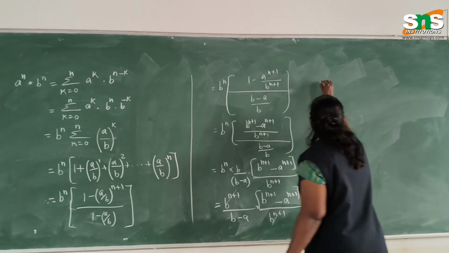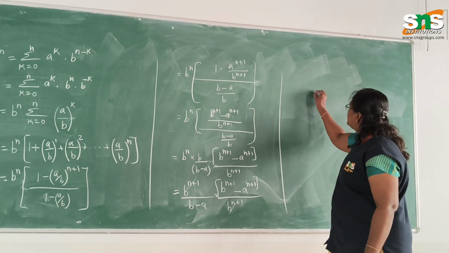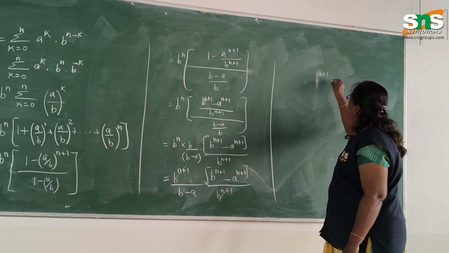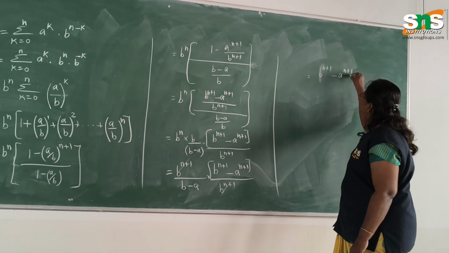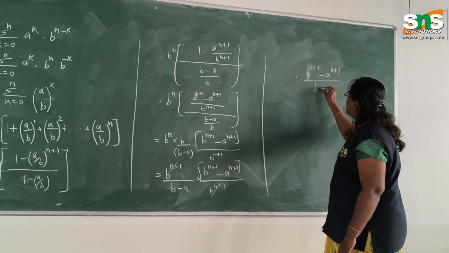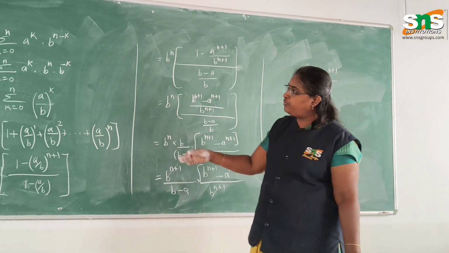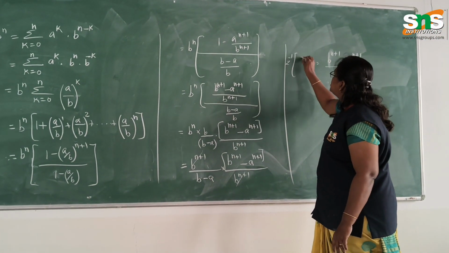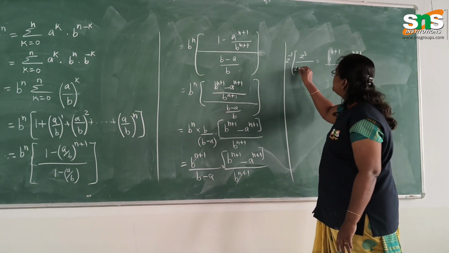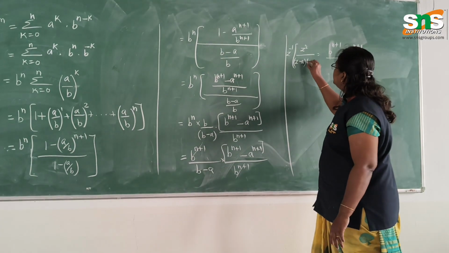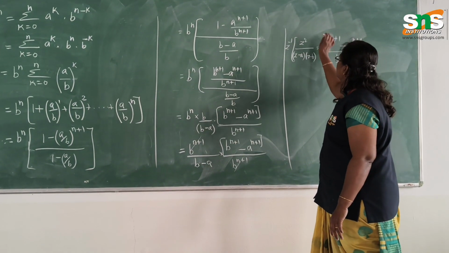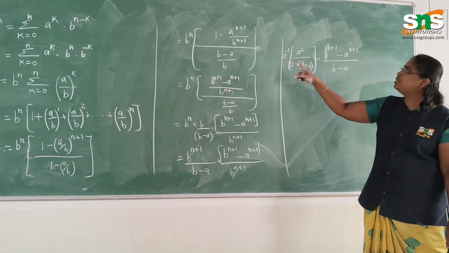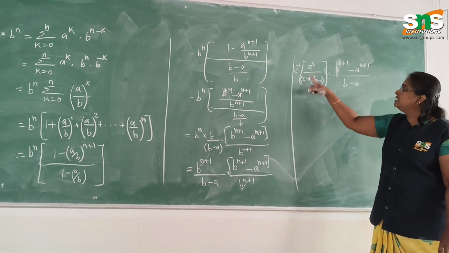After this, we get the conclusion: b power n plus 1 minus a power n plus 1, divided by b minus a, is the value of Z inverse of z square divided by (z minus a)(z minus b). So finally we got the result using the convolution theorem.